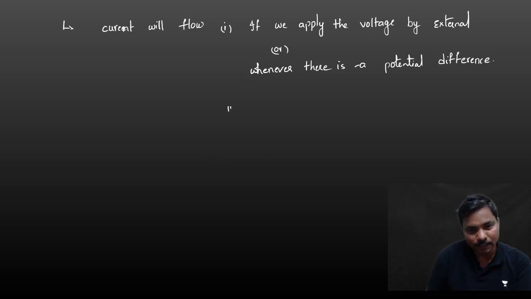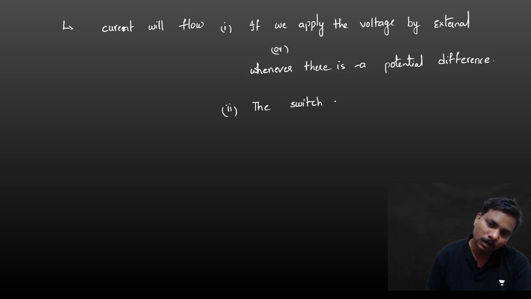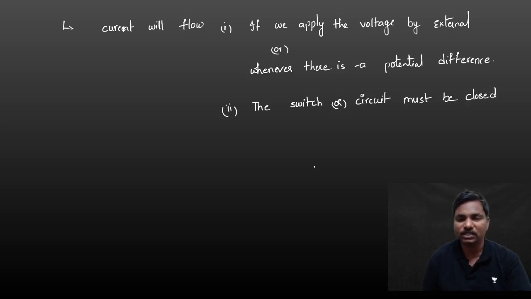And the second condition is nothing but the switch or circuit must be closed. Okay, so whenever the switch is closed or circuit is closed, then only the current is flowing.